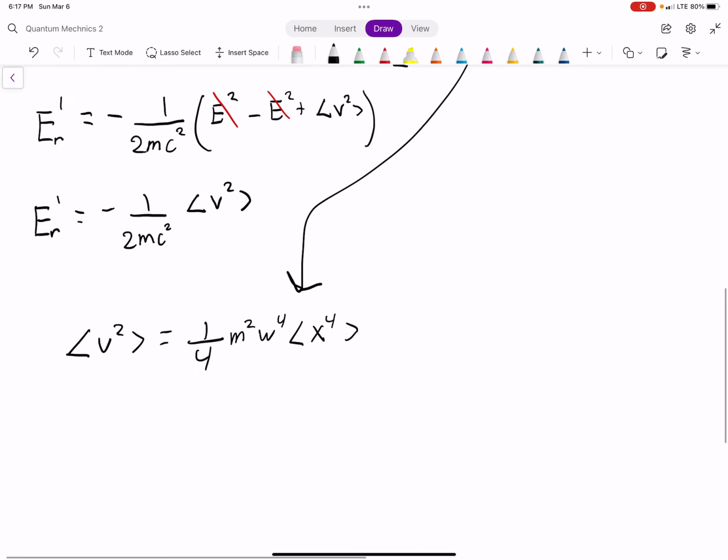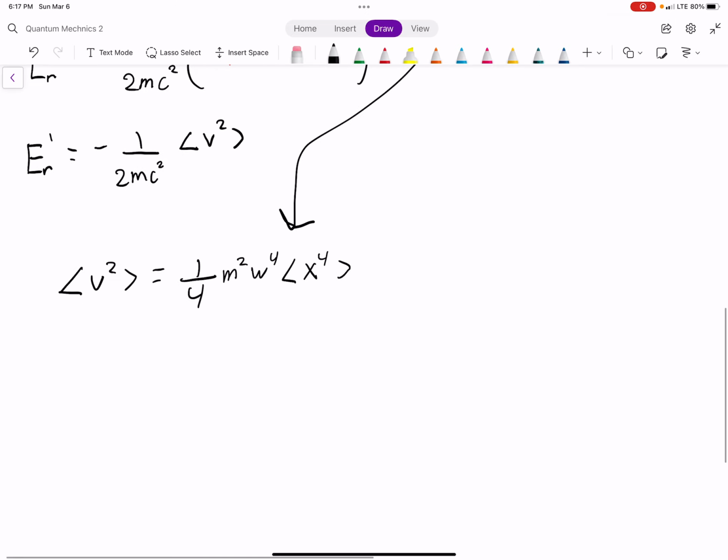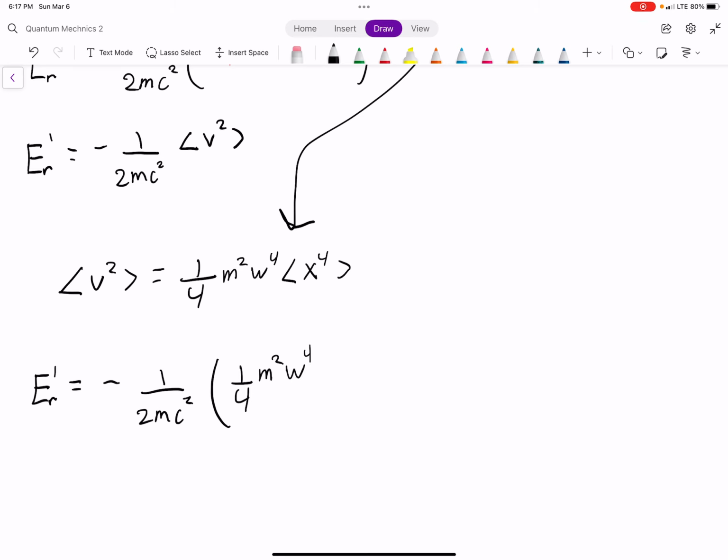And if we plug this into our new energy correction, the first order relativistic correction is minus 1 over 2mc squared times 1/4 m squared omega to the 4th times the expectation value of x to the 4th.